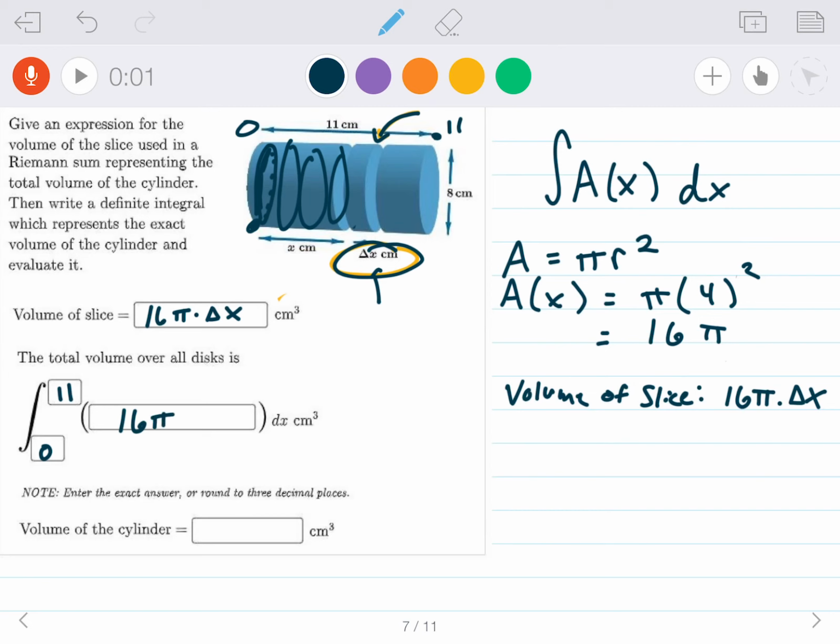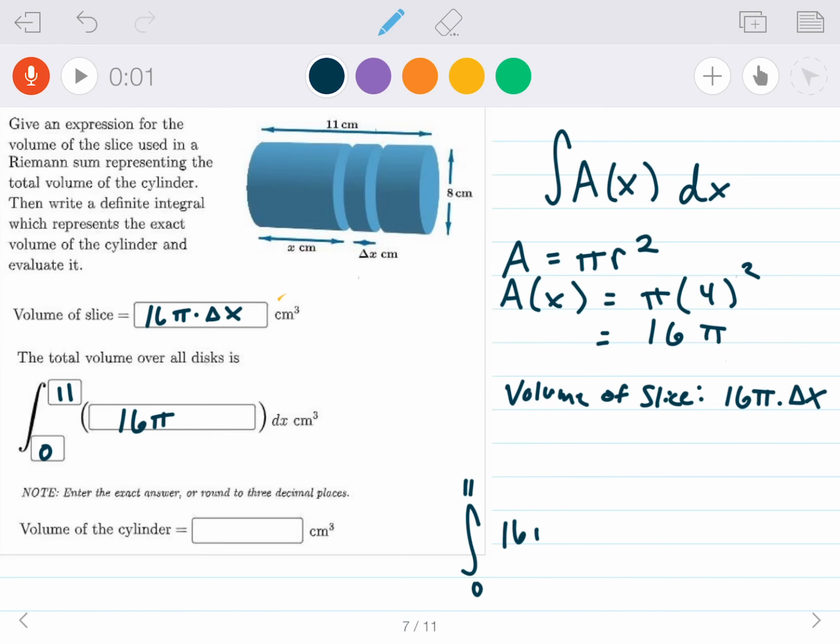So that's going to be 16 pi times delta x, which, since we put this in an integral, we're going to call dx. All right, very nice. So we are summing up all of these little volumes. And when we figure out what this integral is, let's go ahead and do that. So we're going from 0 to 11 of 16 pi dx.